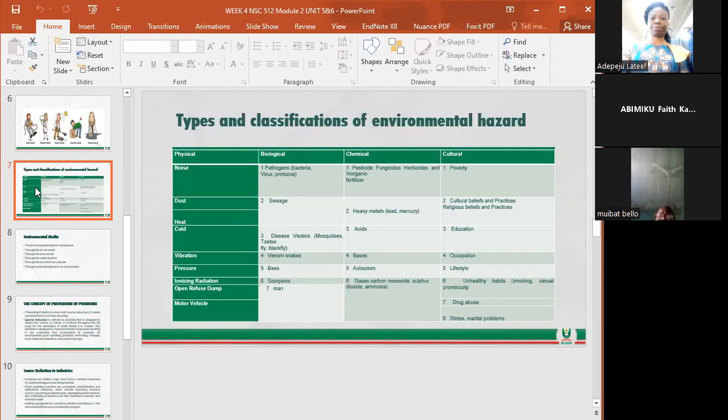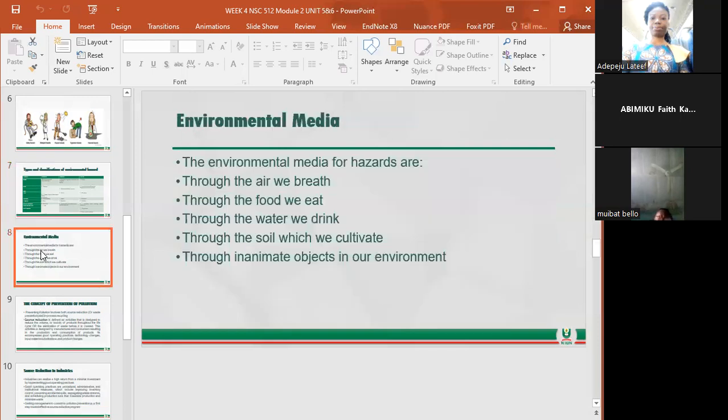On the chart, on the table, is different types of environmental hazard with examples. Under the physical, we have different types. I've mentioned extreme temperature, which could be heat, which could be cold, which also could be vibration, pressure, and so on and so forth. I also have under that the biological as well as the chemical and cultural.